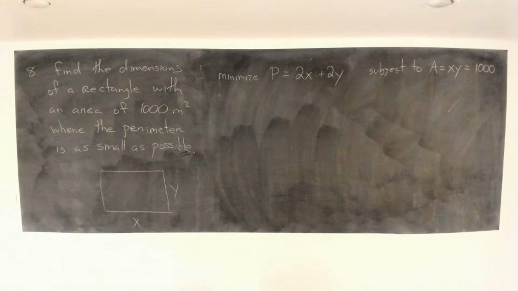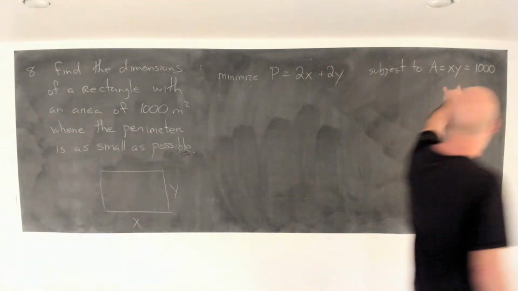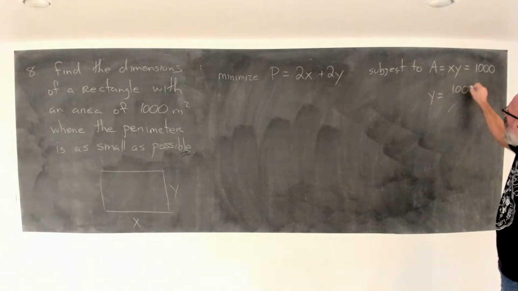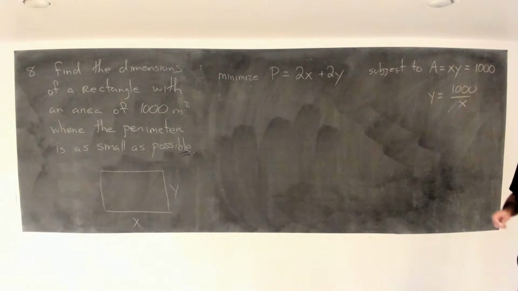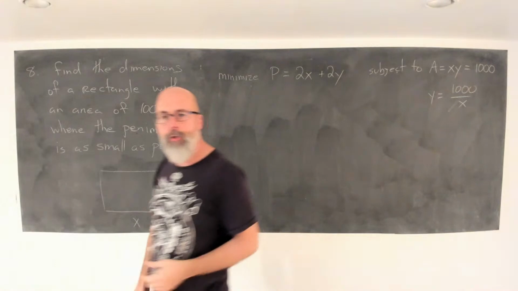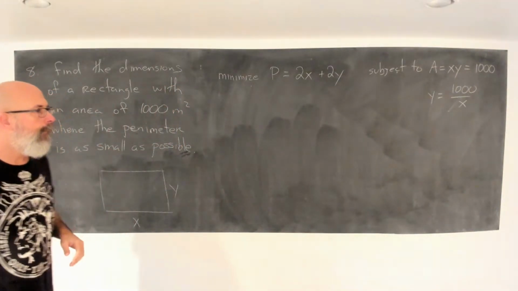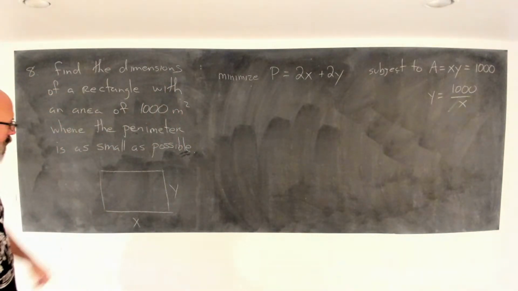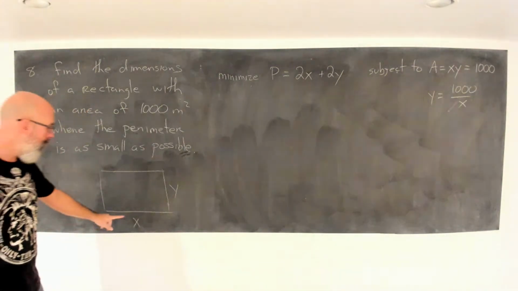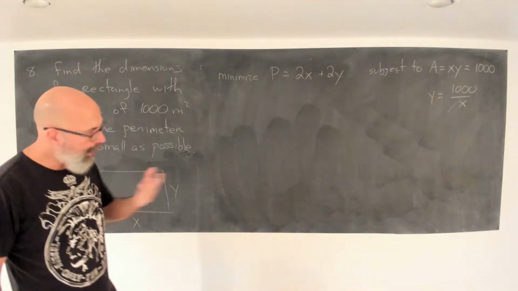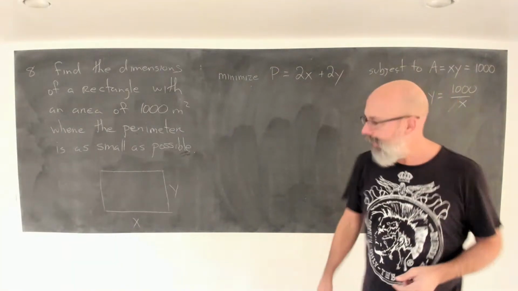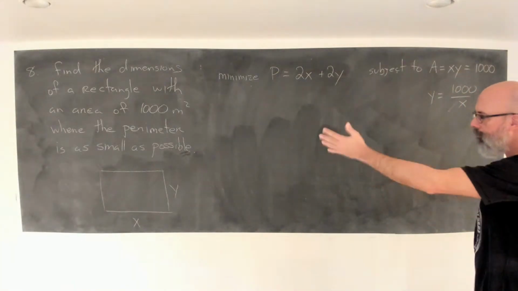So we have the area xy is equal to 1,000. So it's easily seen that y is 1,000 over x. Do we want to introduce some domain for x? This being a physical problem, we certainly don't want a negative length, a negative side for x, a negative side of a rectangle.